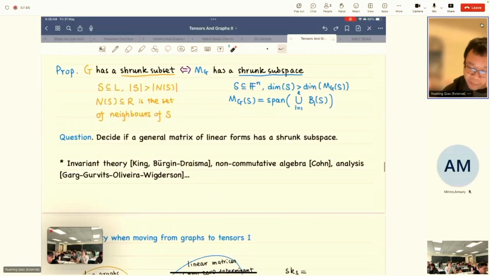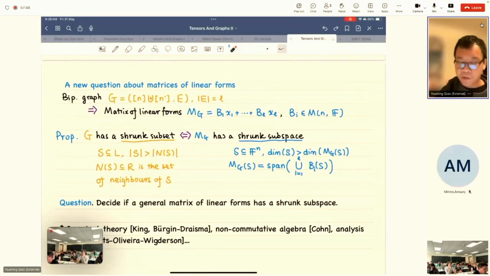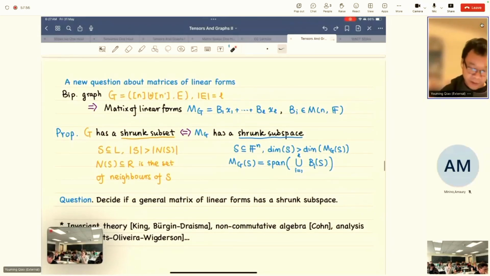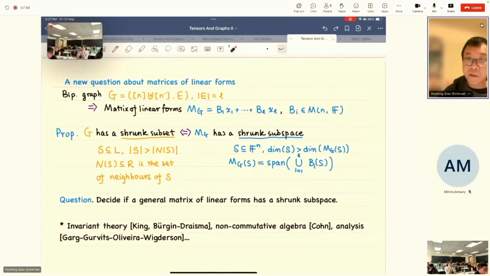And this strong subspace problem, you can formulate, for example, for general tensors rather than the tensors deriving from graphs. This strong subspace problem turns out to be quite significant. We have seen significant progress on the strong subspace problem in the past 7-8 years. And the strong subspace structure turns out to have deep roots in invariant theory, non-commutative algebra, and analysis, through the Brascamp-Lieb inequality.